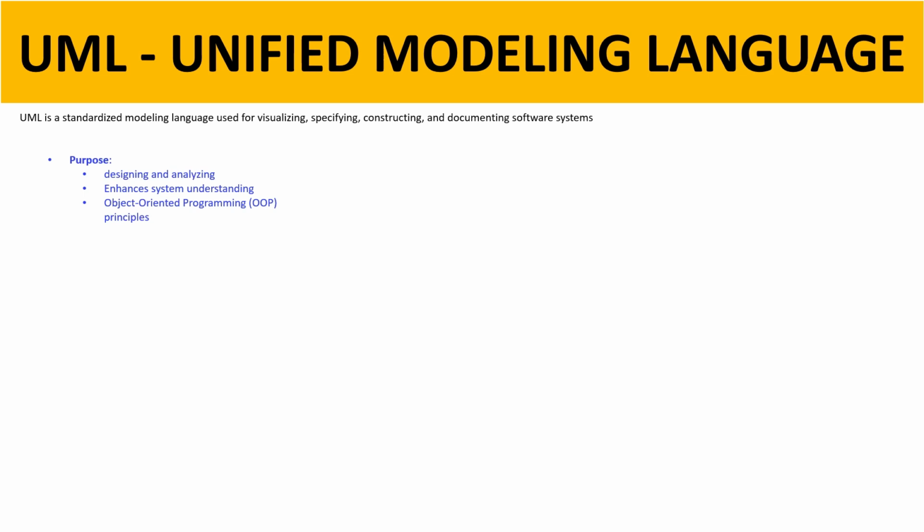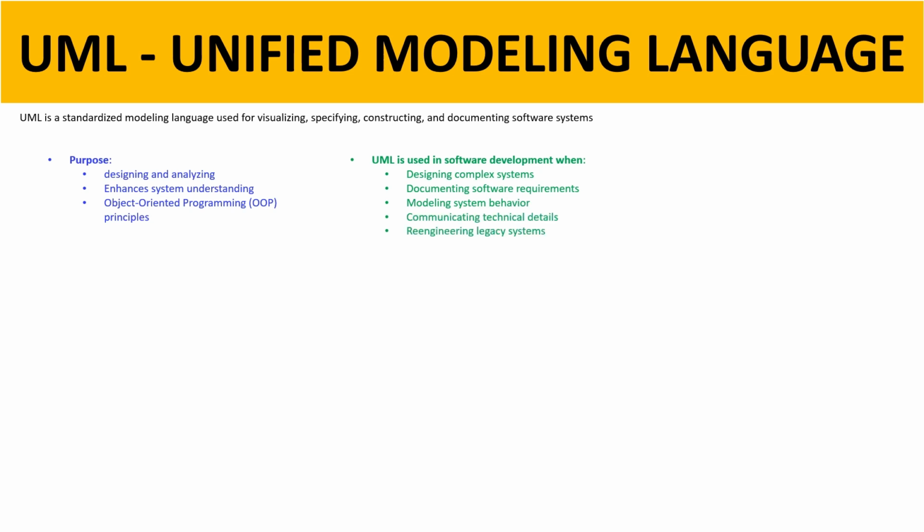To reduce errors before development, you can simply use UML modeling system behavior before development. If you want to use a standardized way to communicate technical details within a team, you can use UML. You can use UML for re-engineering legacy system for better understanding and upgrades.